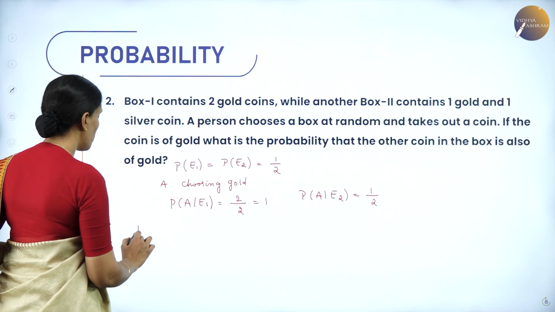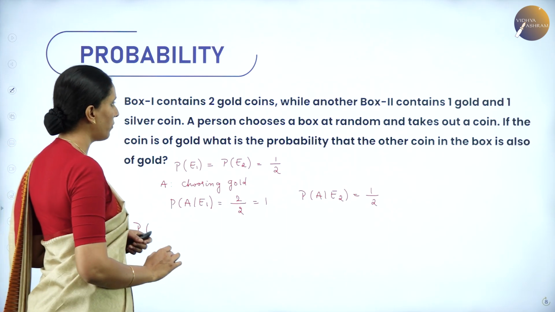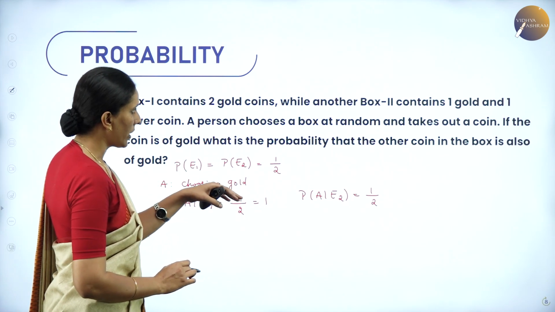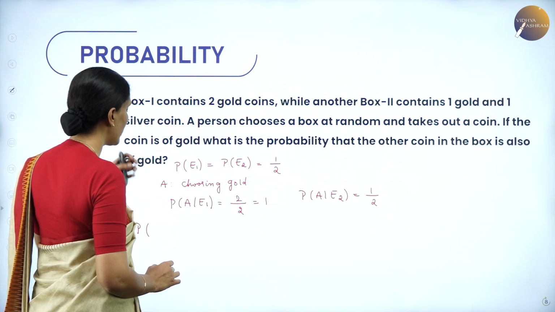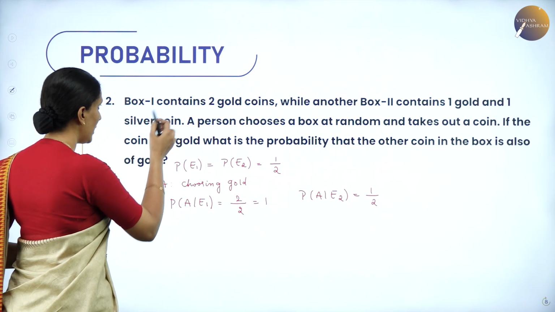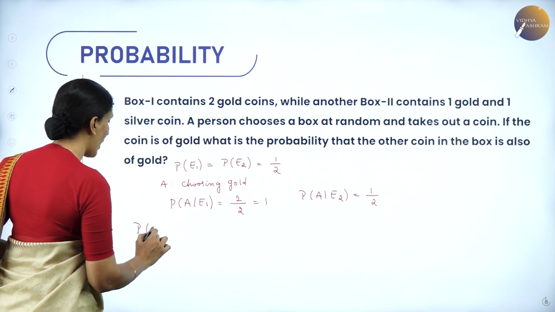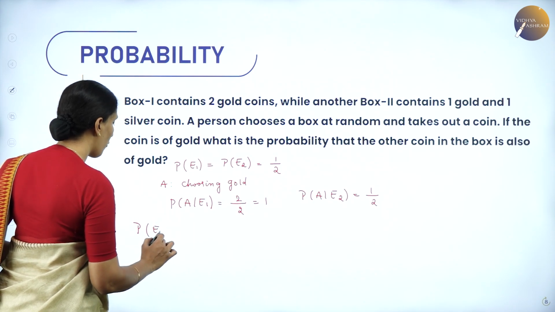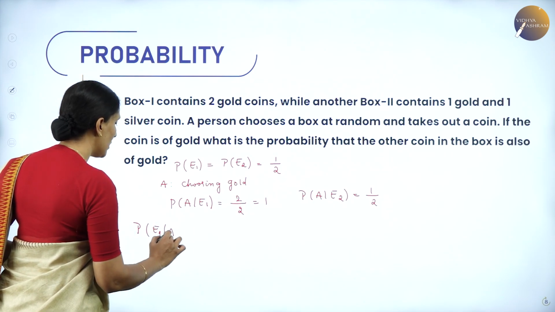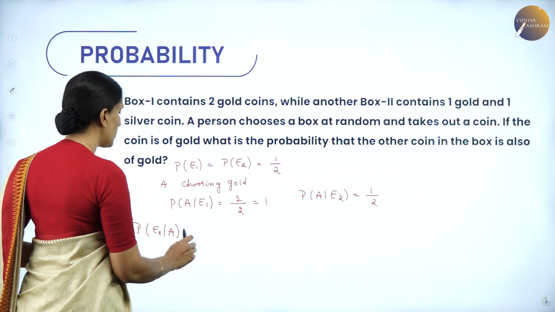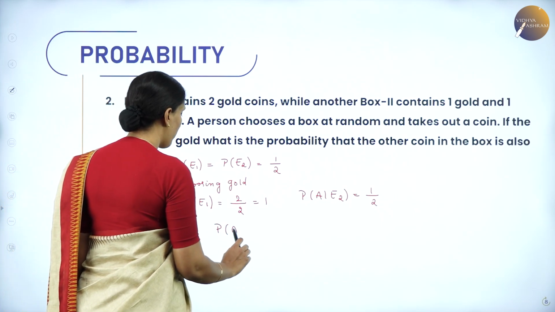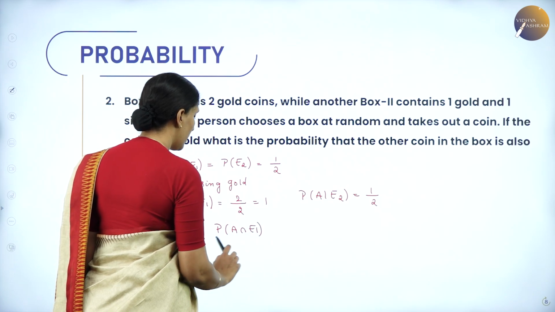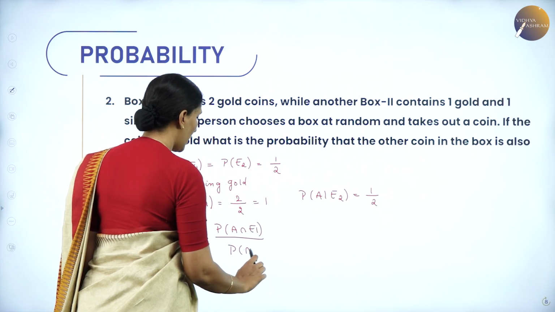Now I have to find the probability that the other coin in the box is also gold. That means I need to choose the second coin so that it has to be gold. So that means I need to choose bag 1. So I have to find the probability of bag 1 where another coin is gold. Using Bayes' theorem, this is again P(A intersection E1) divided by P(A).